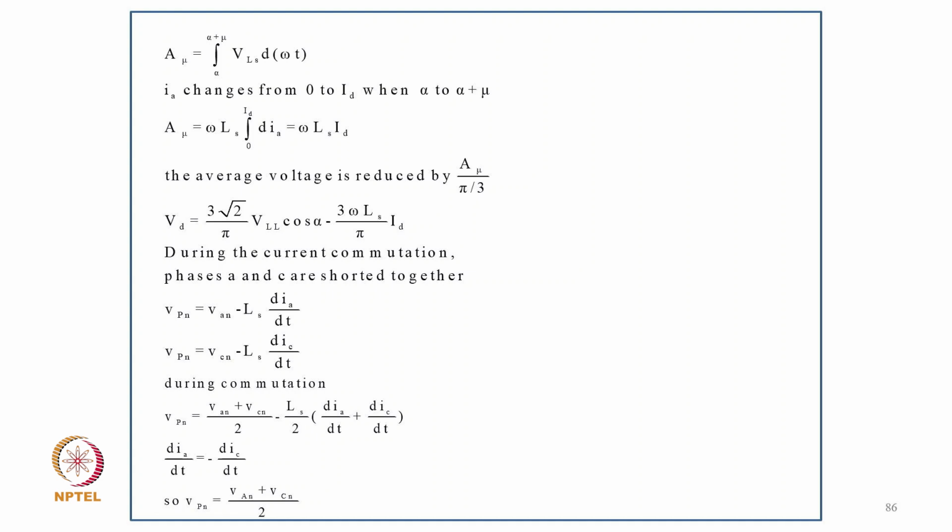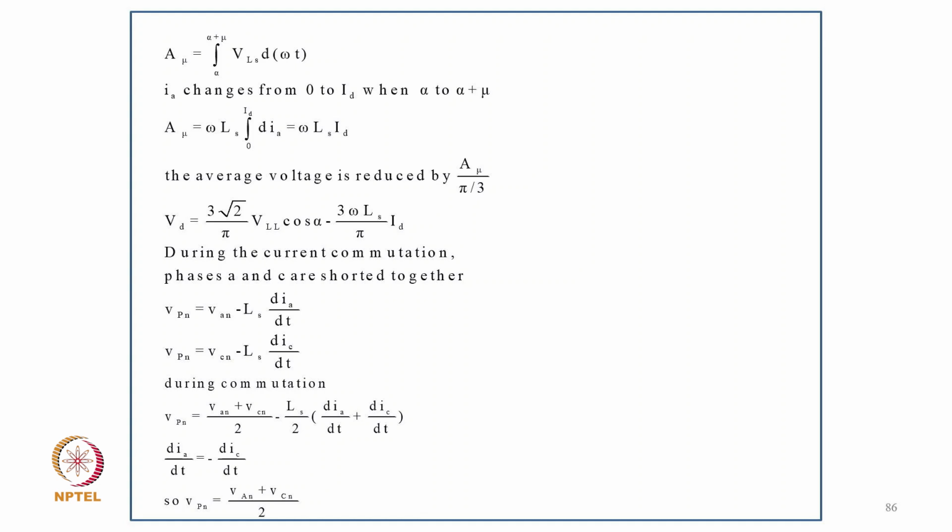So during the current commutation, phases A and C are shorted together, so VPN equals Vn minus LS di upon dt, VPN equals Vcn minus LS dic upon dt, and during commutation VPN equals (Vn + Vcn) by 2 minus LS upon 2 (di upon dt plus dic upon dt), that is di upon dt equals minus dic upon dt.